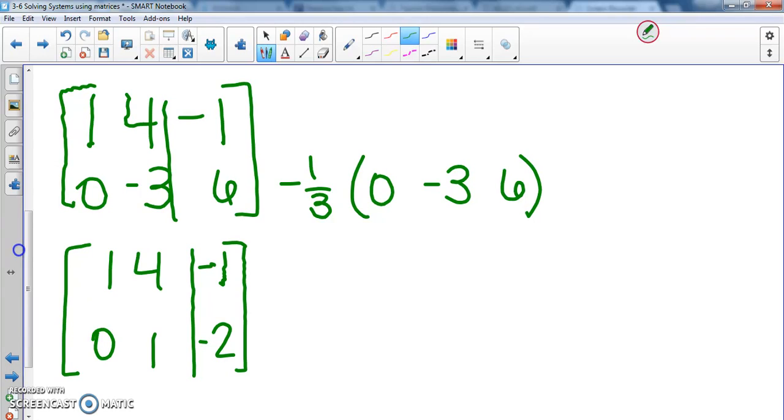Now I need to multiply row 2 by -4 and add to row 1 so that I could get rid of that 4 in row 1.